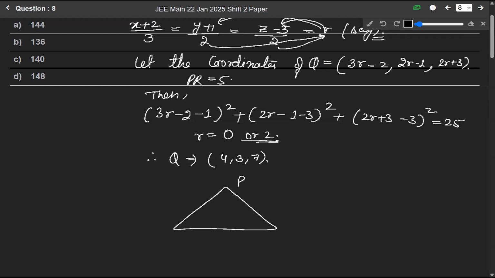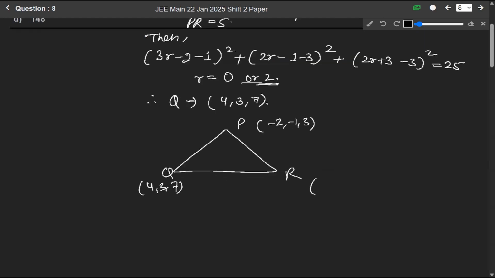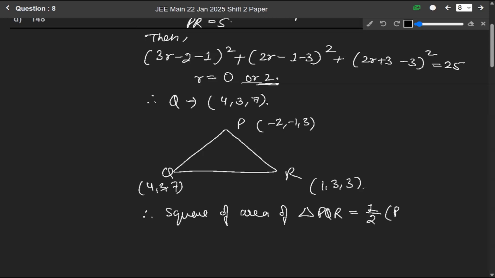Let us say this is P, this is Q, this is R, (4, 3, 7), and this will be (minus 2, minus 1, 3), and this will be (1, 3, 3). Okay. So therefore, the square of the area of this triangle PQR will be equal to half into this PQ into this PR, whole square. Okay.